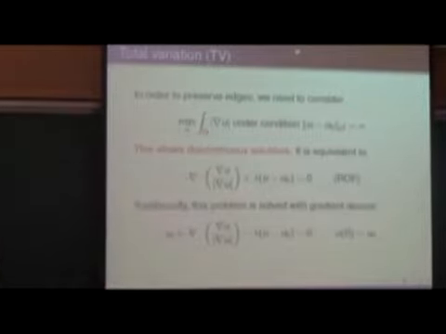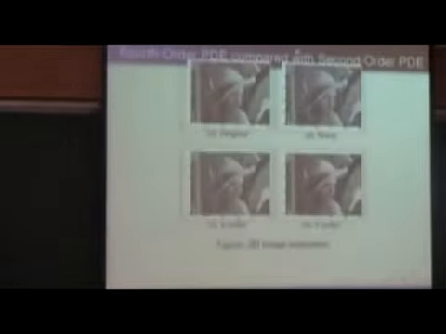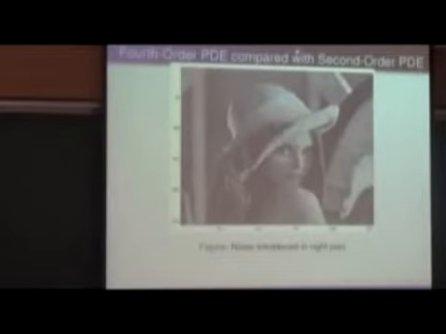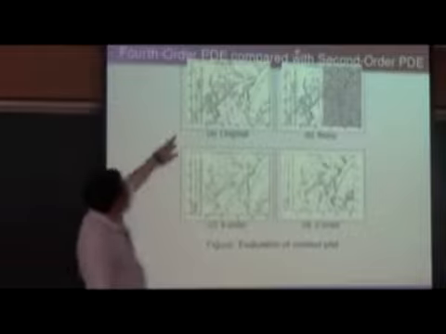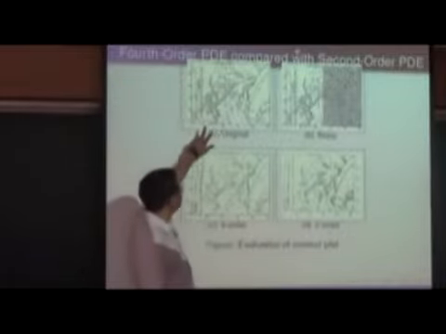So TV is a discontinuity preserving regularization. You can also use a higher order, a fourth order. Here is a comparison between TV and the fourth order. Here is the original image, and we just plot the contours.